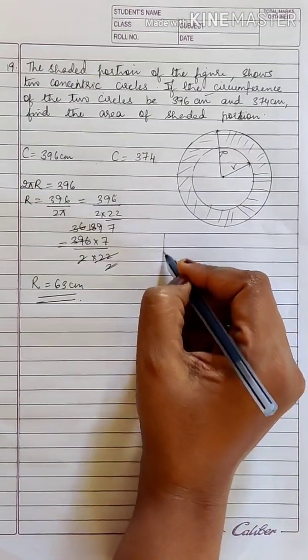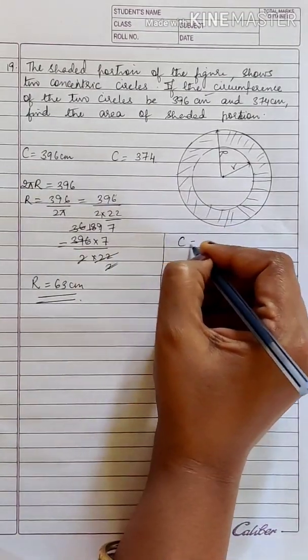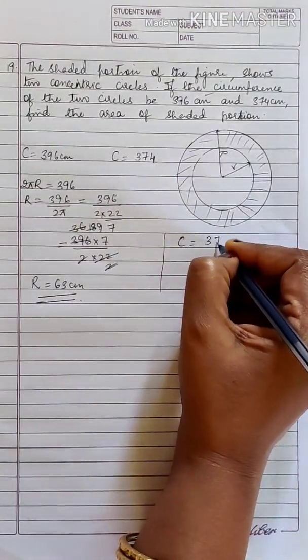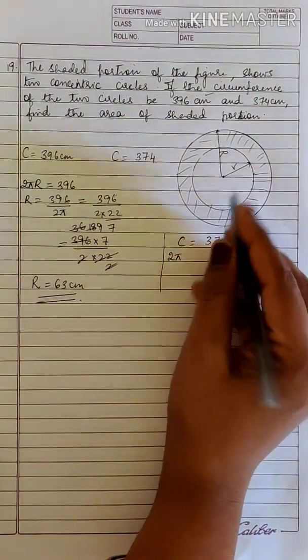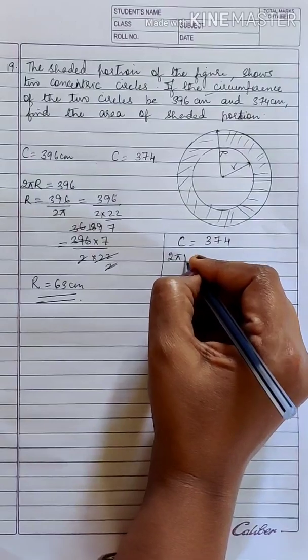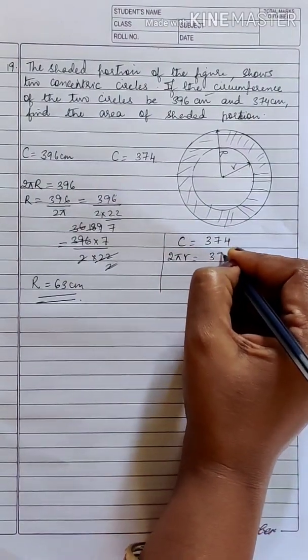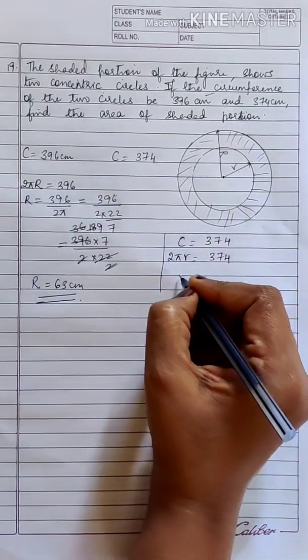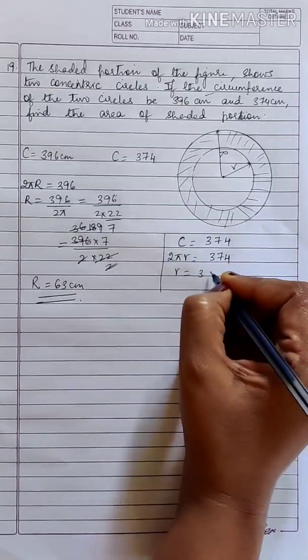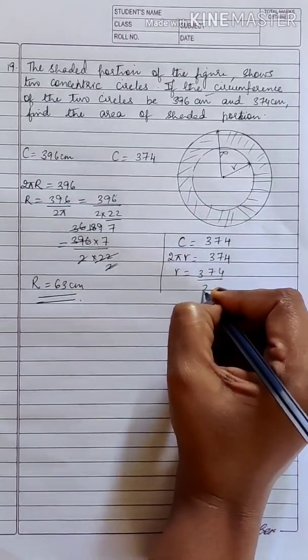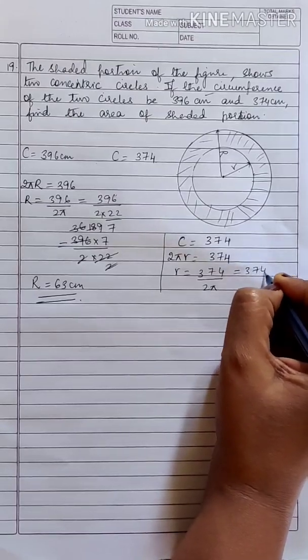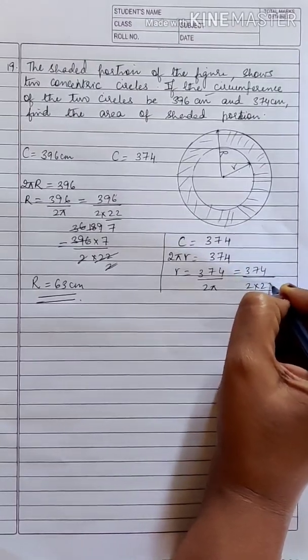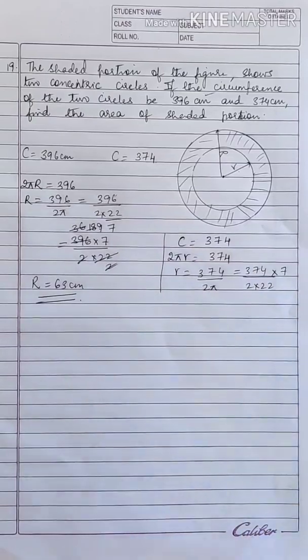Similarly, you can find the radius of the smaller circle. C is equal to 374. So the radius of the smaller circle is small r. So 2 pi r is equal to 374. R is equal to 374 by 2 pi, which will be equal to 374 upon 2 into 22 by 7.